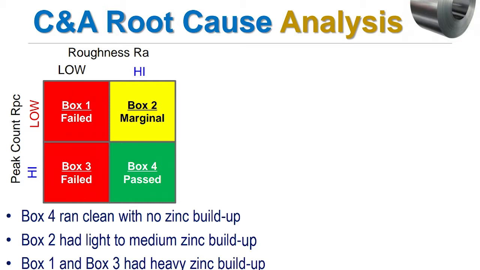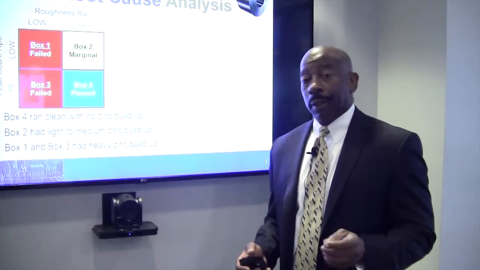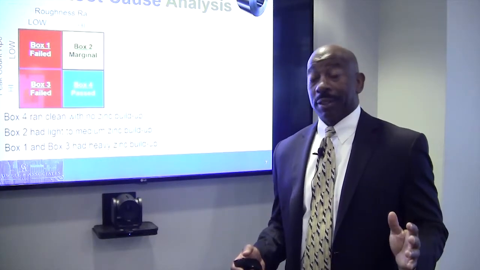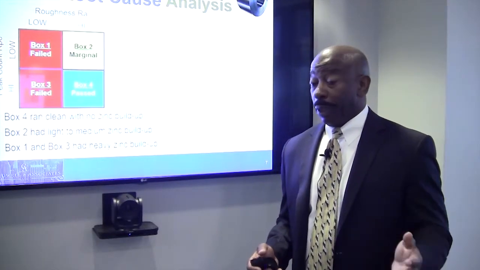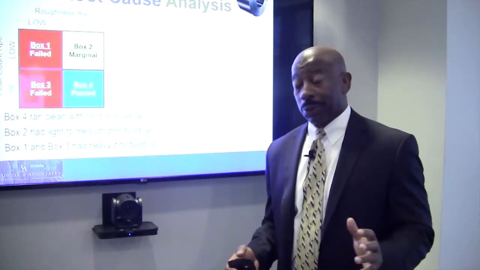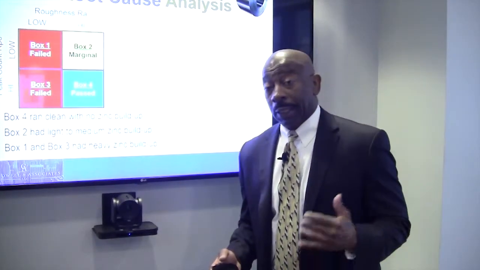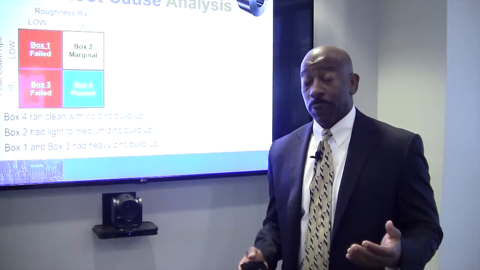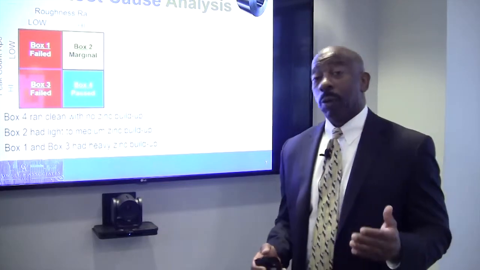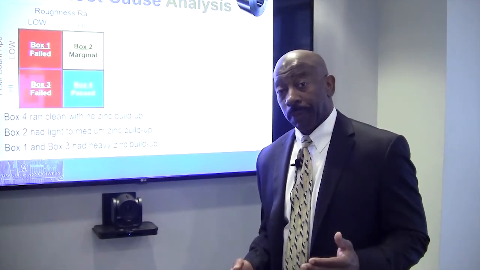So at that point, the stamping manufacturer wasn't sure what the next step was. The mill manufacturing, they weren't sure. And the automobile company was not sure what the next step was. But what we did was we always look for the root cause.